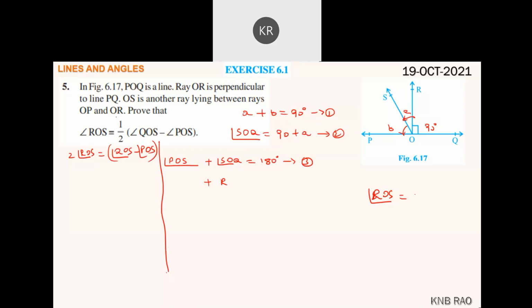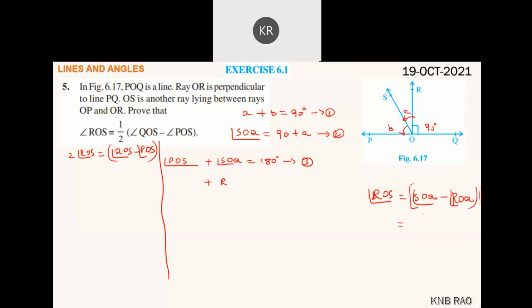This is twice. This is the one which I have. Angle ROS is two times angle ROS. Angle ROS is angle SOQ minus angle ROQ.